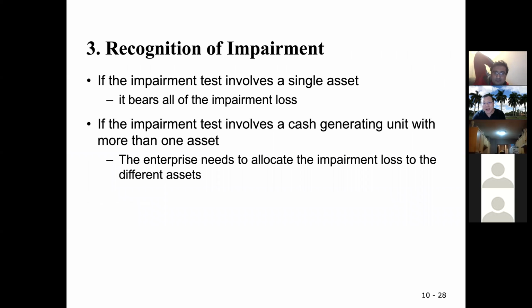Now, for recognition of impairment, if the impairment test involves a single asset, that is easy. You write down the impairment loss on the asset. If it's a cash generating unit with more than one asset, the enterprise needs to allocate the impairment loss to the different assets.